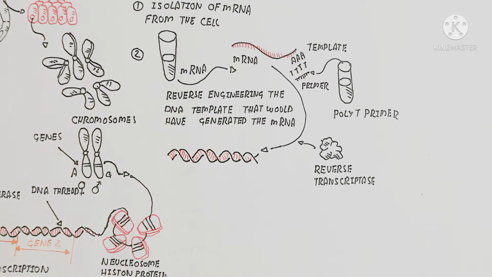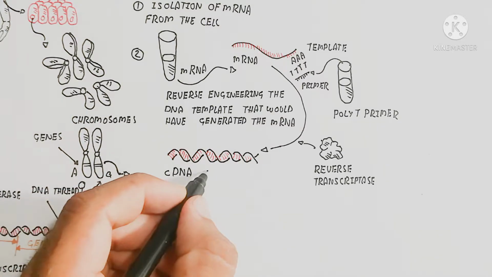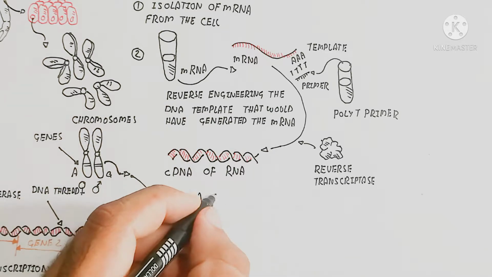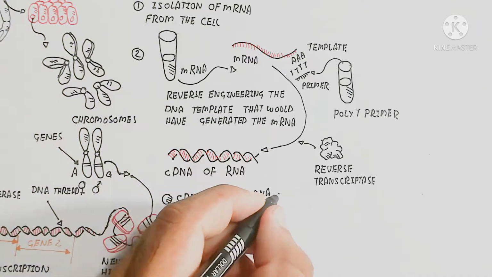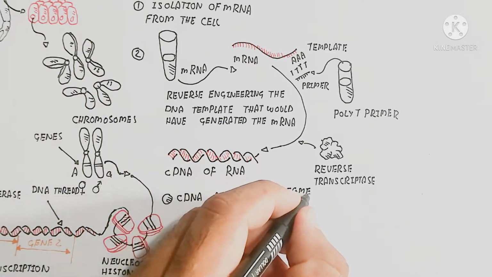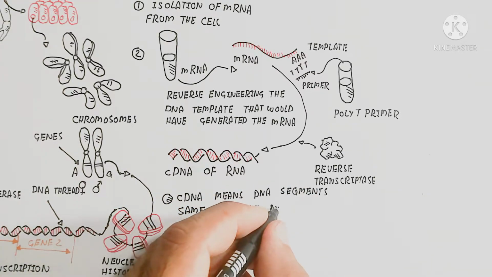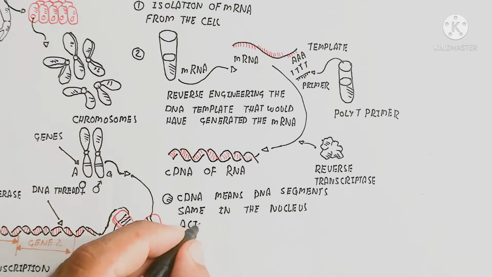And why are we using this? Because the messenger RNA alone cannot be used to detect gene function in the microarray assay. Complementary DNA means DNA segments the same as the activated genes in the nucleus.